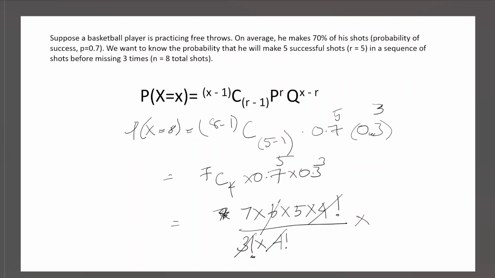Then 0.7 whole power 5, how much? So 35 and 70, that should be 0.15.